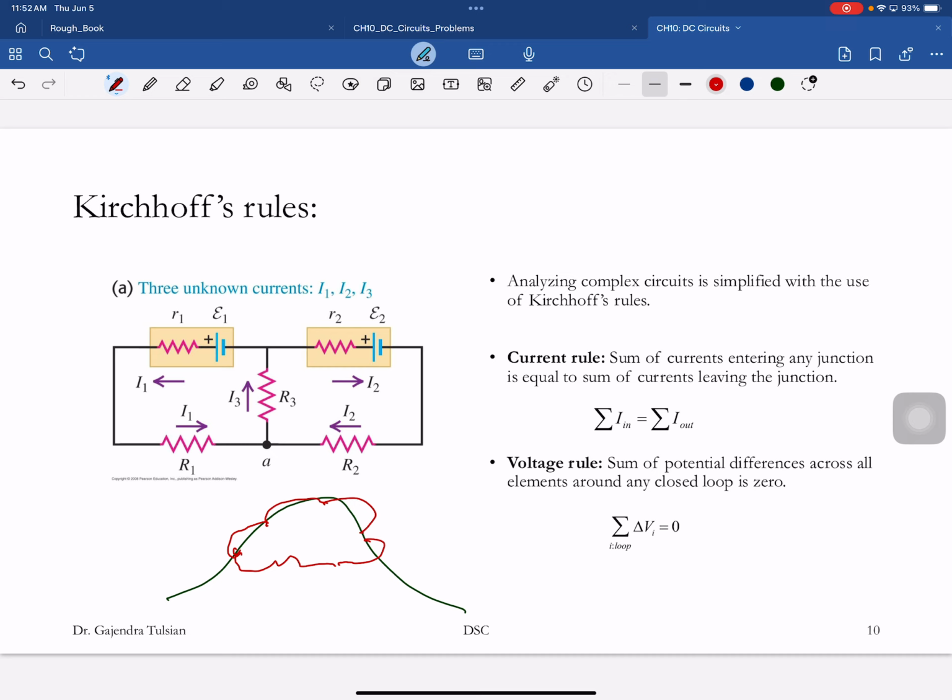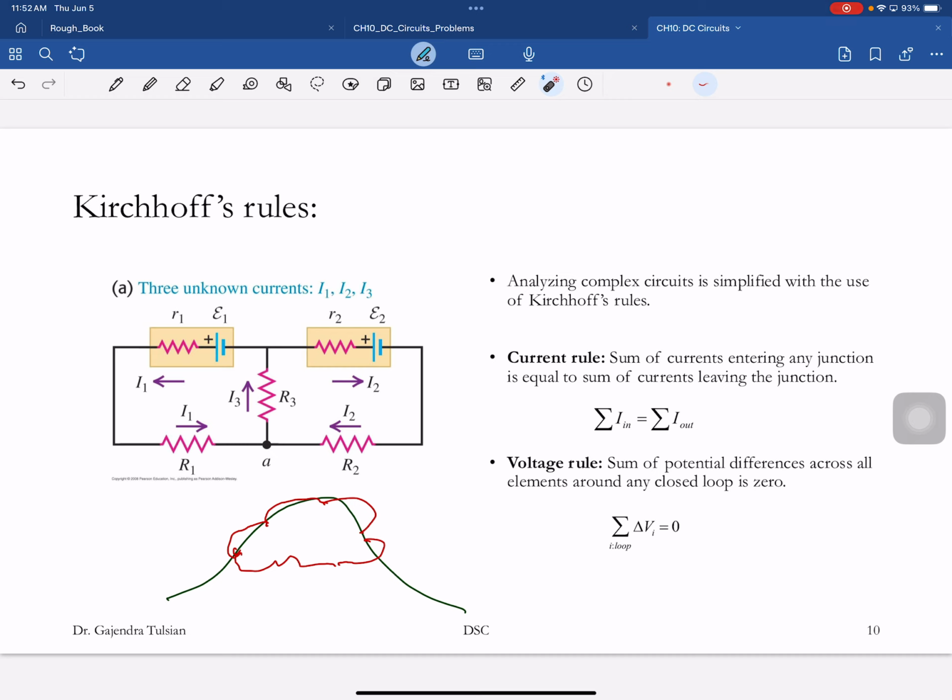What is the total elevation change on this hike? 0. And that's this voltage rule. If you go around a closed loop, the sum of the voltage changes across each device must add up to 0 when you come back to the starting point. And that's the voltage rule.